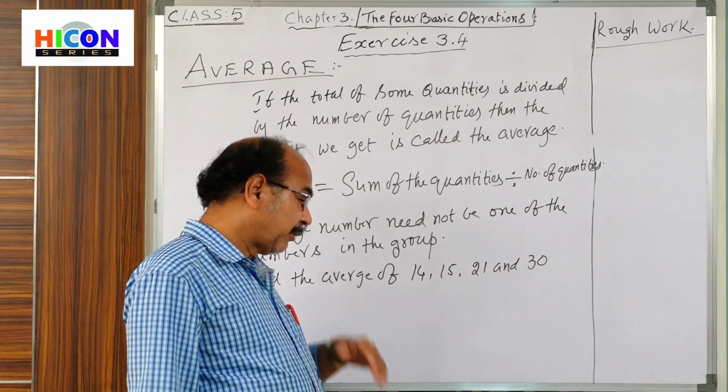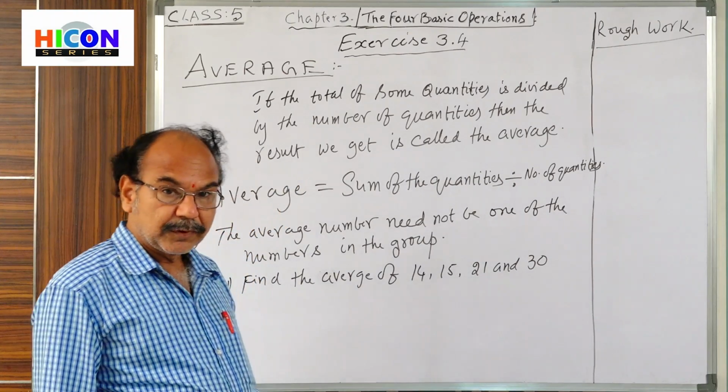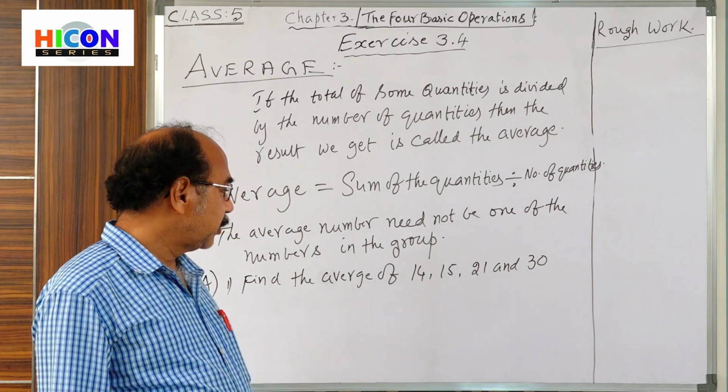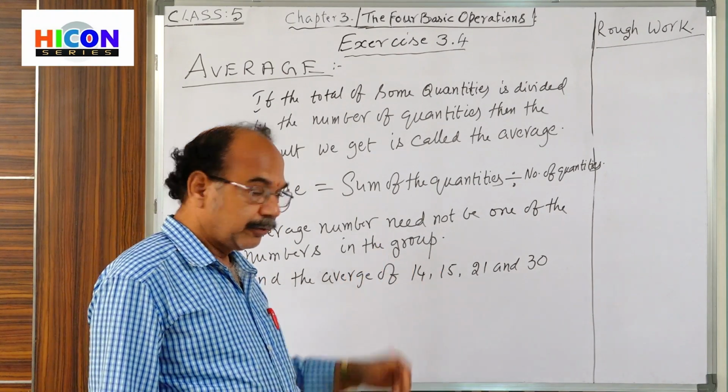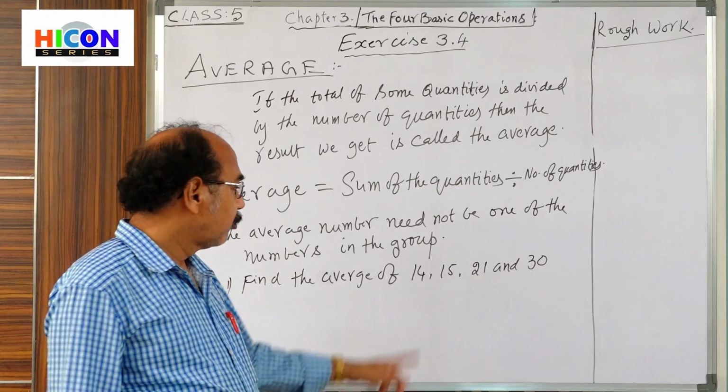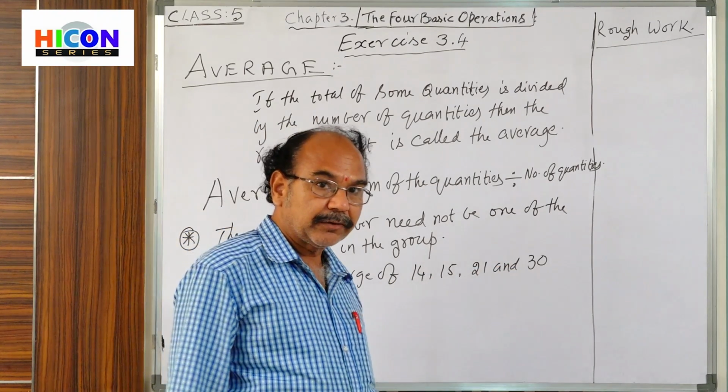How can you find the average? First of all, you see here how many numbers are there. 1, 2, 3, 4 numbers are there.